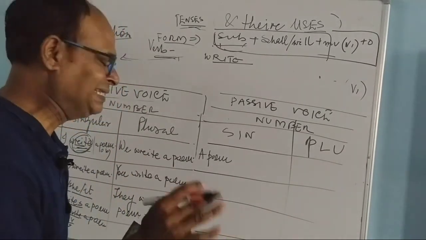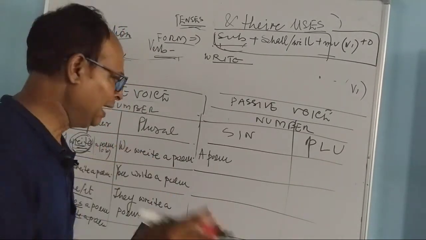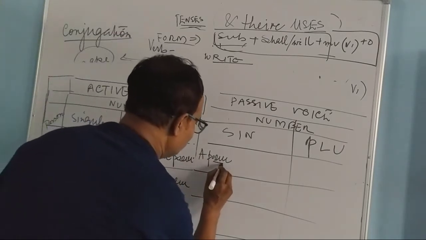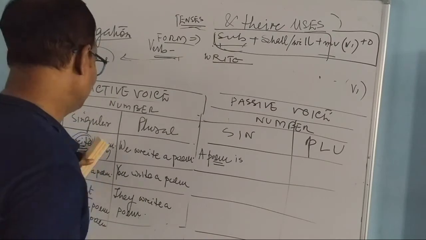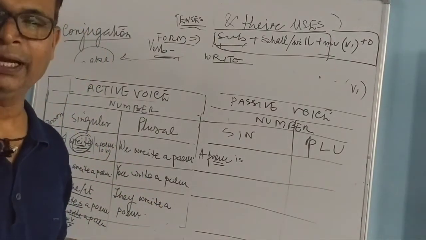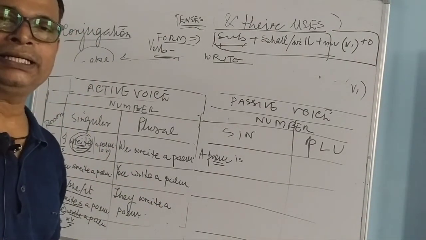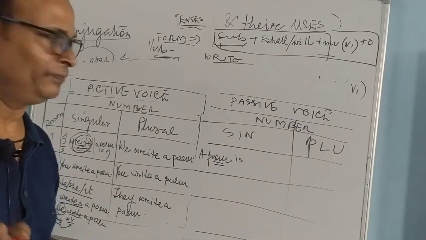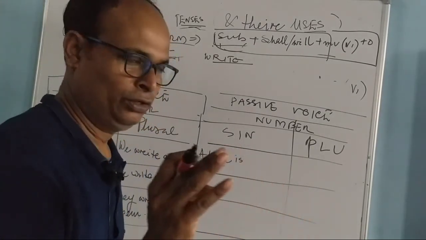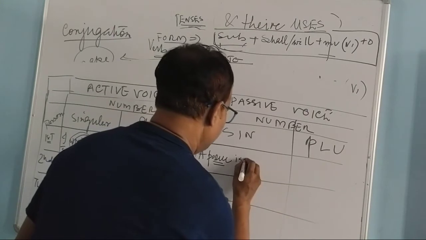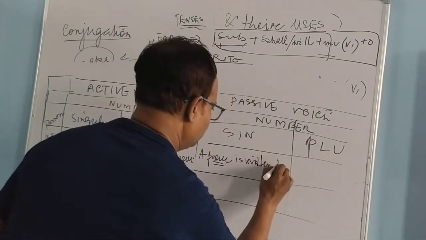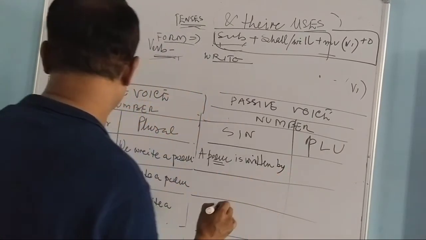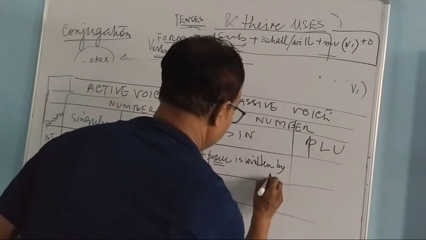Two options are there. A poem is singular, and therefore it will take is. A poem is, and after that this word write you will have to write in the third form, that is the past participle form. Therefore, write, wrote, written. Third form: a poem is written. After that you will have to put the word by, and then write the objective form of I, that will be me.